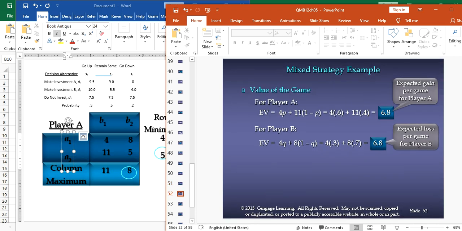Okay, so we put the value of p over there.